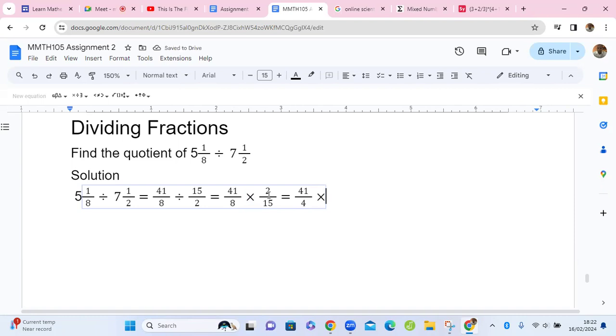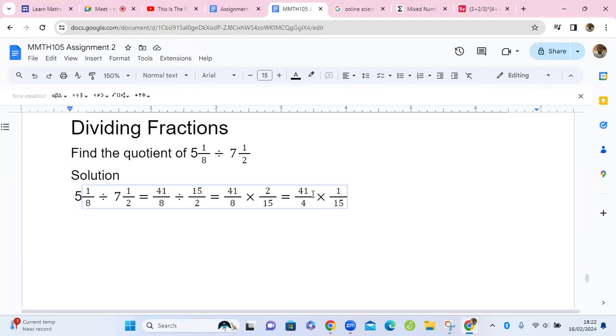You have to simplify the other, and this simplifies to 1 over 15. We call that cross simplification. We could leave the simplification for after you multiply, but you can simplify now. It makes it easier.